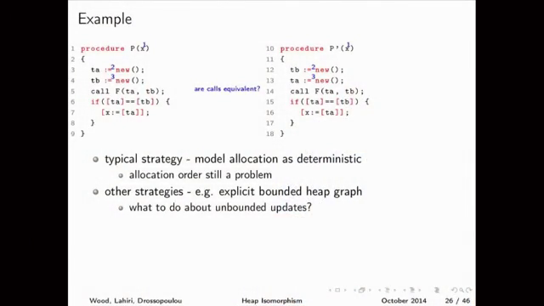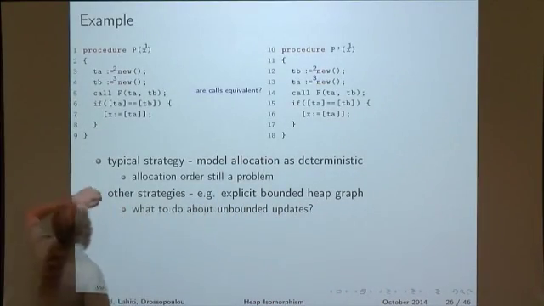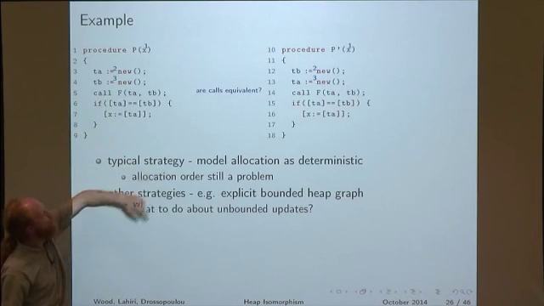So a typical thing that people do here is try to just assume that the allocation is going to be deterministic, that we're going to have some pool of objects available, and we're just going to allocate them in the order that they're asked for. So we get 1, 2, 3 here and 1, 2, 3 here.